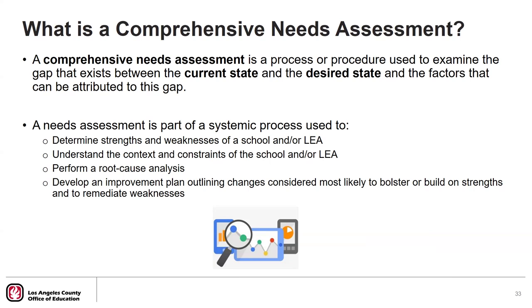It's a systemic process used to identify strengths and weaknesses within the context and constraints of the school and dig deeper into root causes. And root cause analysis is a critical part of the needs assessment process because it addresses the problem rather than the symptoms of the problem.